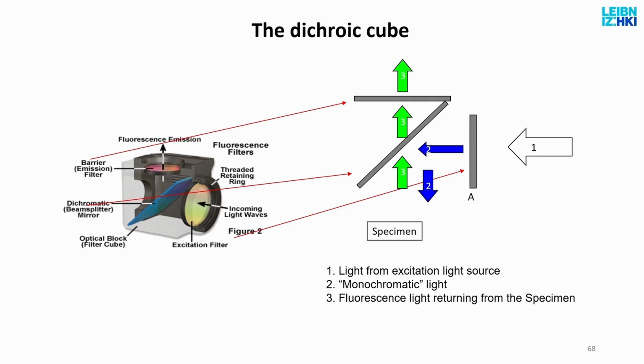But basically, this little device looks just like that. It has a filter for the excitation light to choose the wavelength that you determine based on your excitation, let's say 490 nanometers. These filters are usually bandpass filters, which means they let through a certain range of light, let's say 470 to 490.